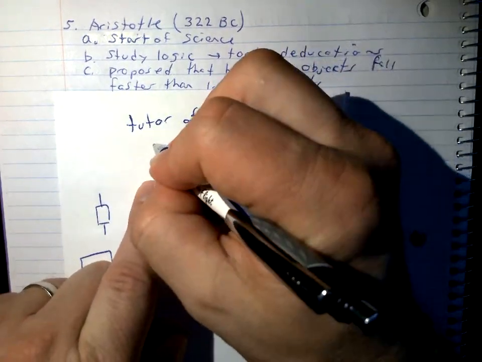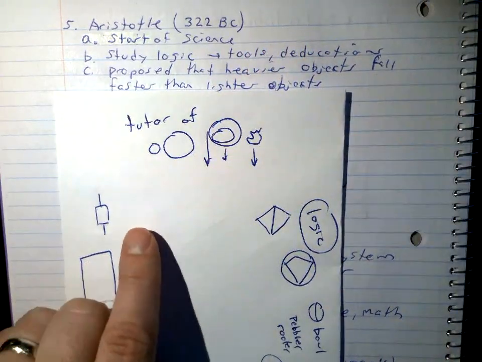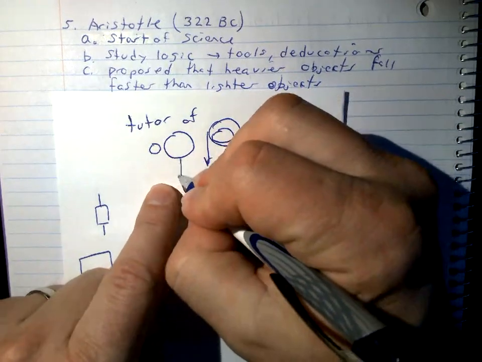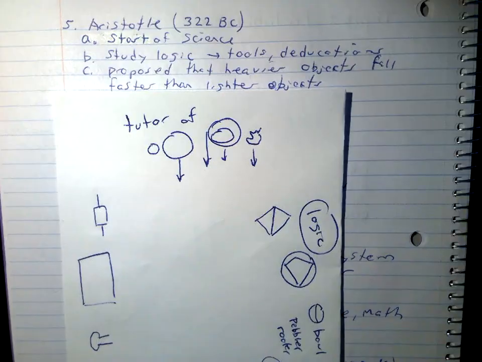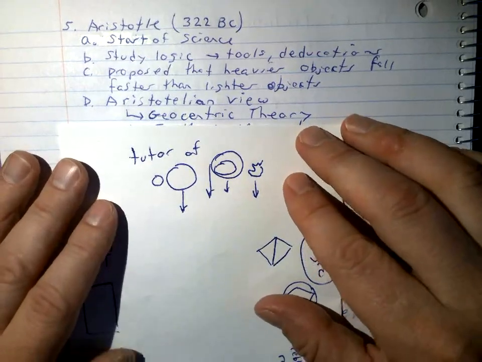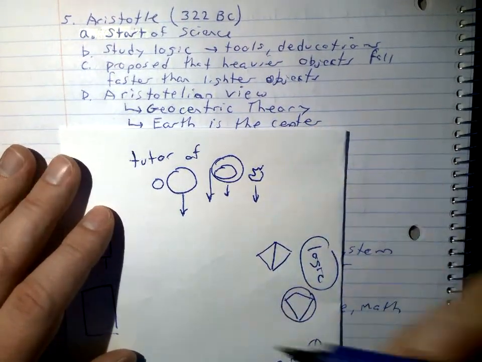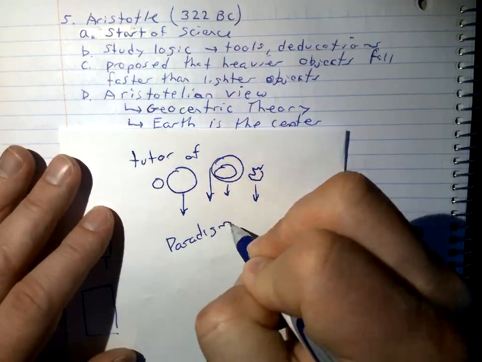But what if I took a small ball and a bigger ball and dropped them? His deduction would say that the bigger one has to fall faster. That was proven wrong by Galileo, and we'll get to that in a little bit. But his ideas really opened up a new paradigm. If you want to look up a paradigm of thinking.